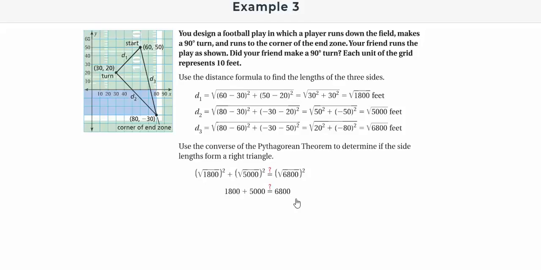And then we need to make sure that those do equal each other, which many of you probably already see they do, because 1800 plus 5000 is 6800. So both sides equal each other, which means that it is a right triangle, and our player did make a 90-degree turn on the field.